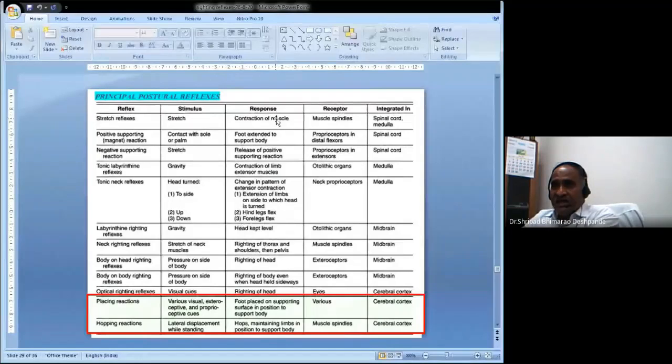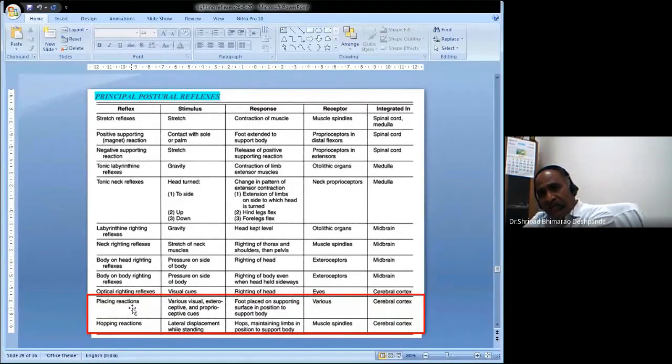Then the response is the head keeping the level, or the thorax and the shoulders coming up, the righting of the head, righting of the body, righting of the head or eyeballs. So these are the things, and these are the receptors. You can just study all that.